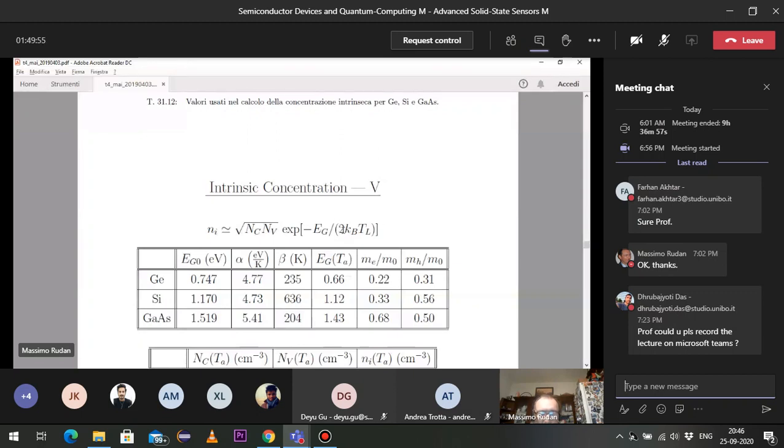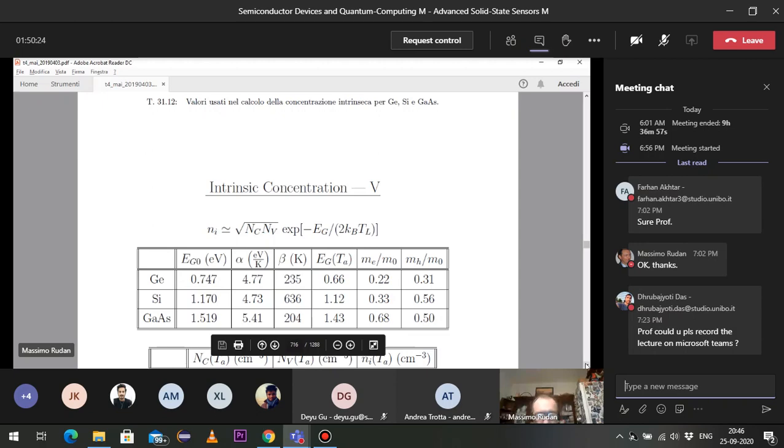And instead of expressing the right-hand side as a function of kT, we express it as a function of the inverse of T. So obviously, the log of ni as a function of the inverse of T is a linear function with a negative slope because of the minus.